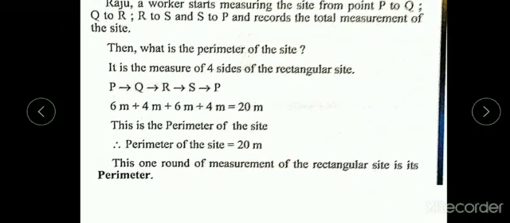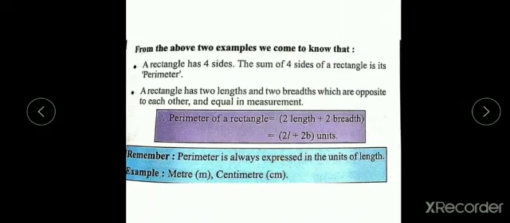But we want a shortcut for this, a formula for the perimeter of a rectangle. To find the perimeter of the rectangle, we will multiply 2 into length, that is 2 into 6.